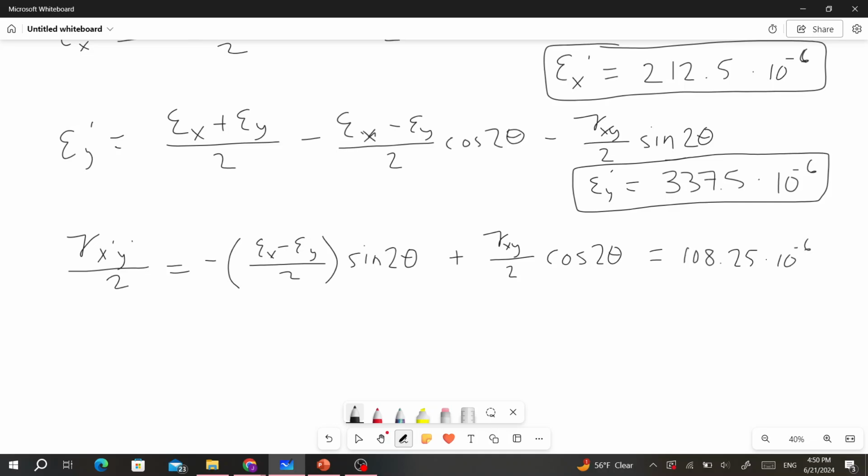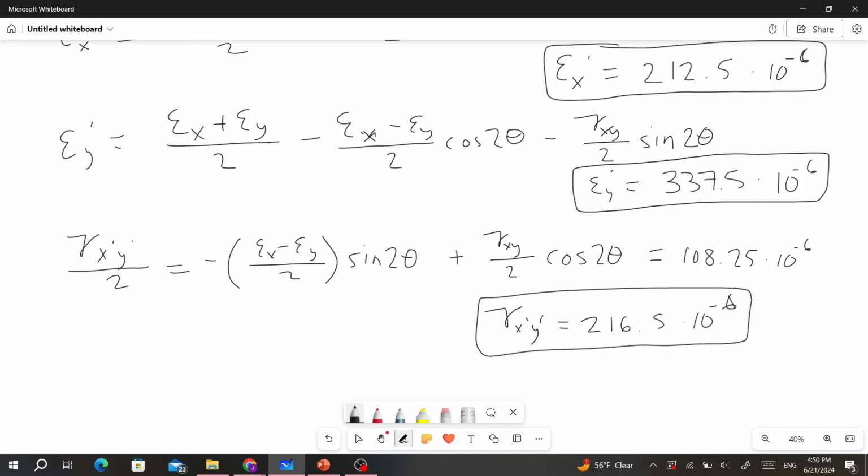The problem asks us to find gamma x prime y prime, so if we multiply both sides by 2, we get that gamma x prime y prime is equal to 216.5 microstrain. So, a fairly straightforward use of the strain transformation equation.